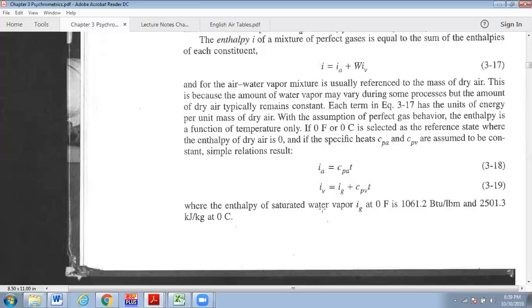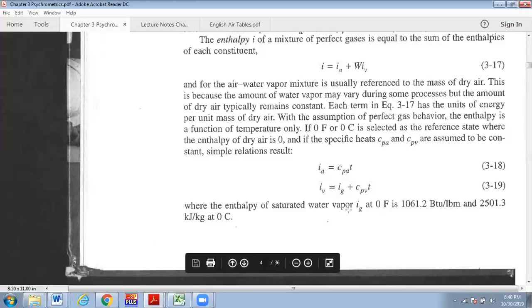And then for the enthalpy of the water vapor, again, we pick a reference. The enthalpy of saturated water vapor is I sub g at 0 Fahrenheit. If we're not at 0 Fahrenheit, then we've got a Cp delta T, and this is the Cp for water vapor, which is 0.444 in US units, as you'll see in just a second.